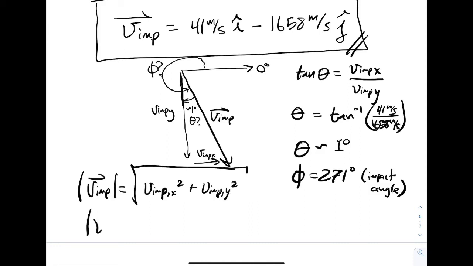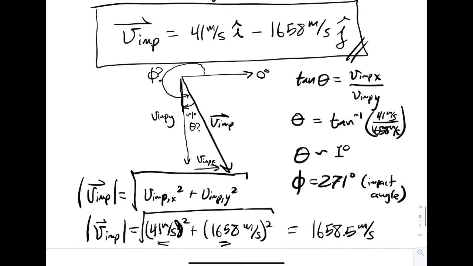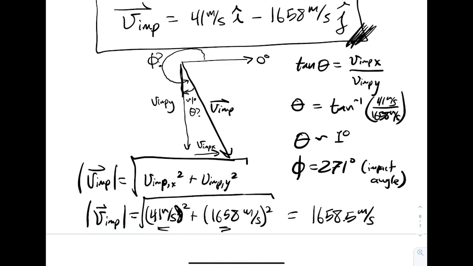So the magnitude of V impact would be 41 meters per second all squared plus 1658 meters per second all squared. And this is so small compared to this that we're going to get about 1658.5 meters per second. And so this is one way to write our answer.